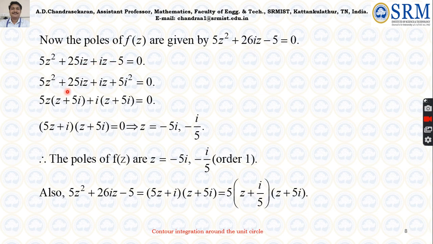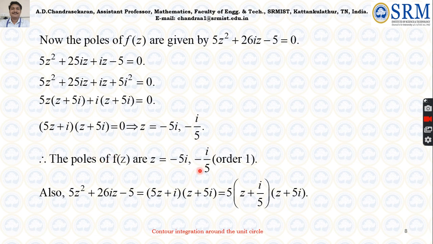So 5z is common; taking it out from the first two terms, we get z plus 5i. From the third and fourth terms, let us take i as common, we get z plus 5i. So we get (5z plus i) into (z plus 5i) equals 0. These are the factors, so z equals minus 5i and minus i by 5.